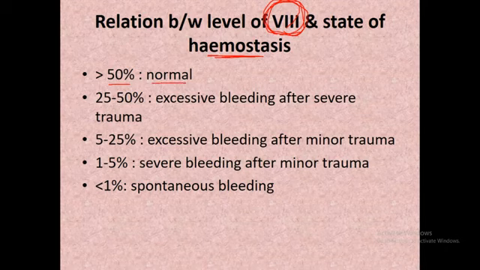Whenever the anti-hemophilic factor is between 25 and 50%, excessive bleeding after severe trauma is a possibility. Whenever the level is between 5 and 25%, excessive bleeding after minor trauma also occurs. And whenever the level is 1 to 5%, severe bleeding after minor trauma is a possibility.